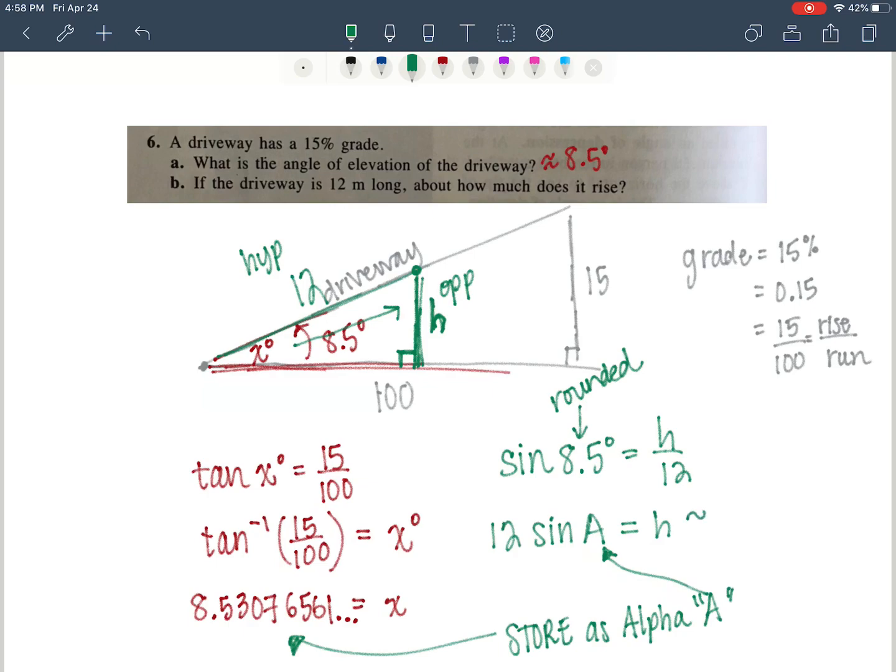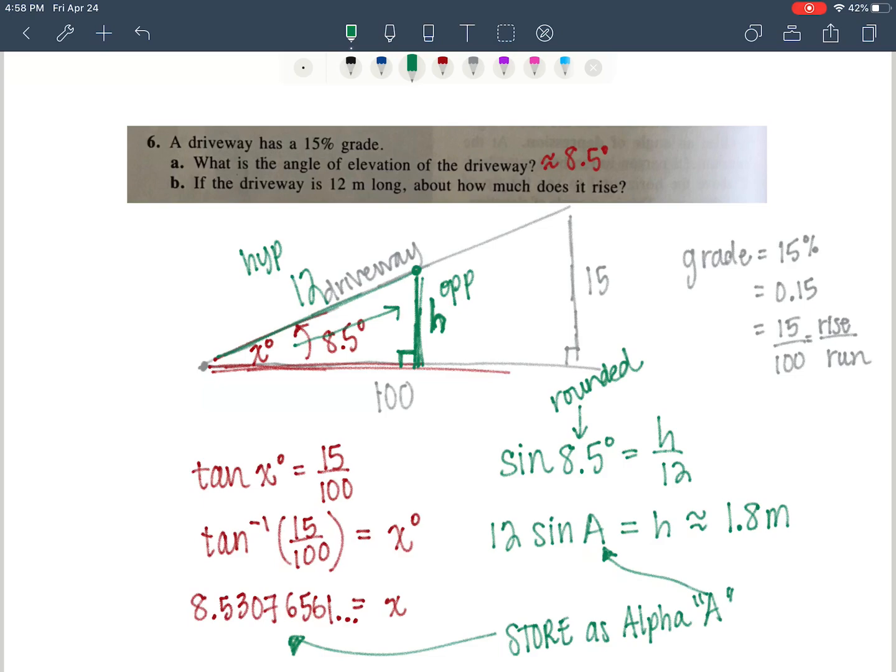12 times the sine of that stored value of A is equal to h. And when we get our calculator all done with that, you should get an answer of about 1.780085435, which is about 1.8 meters.